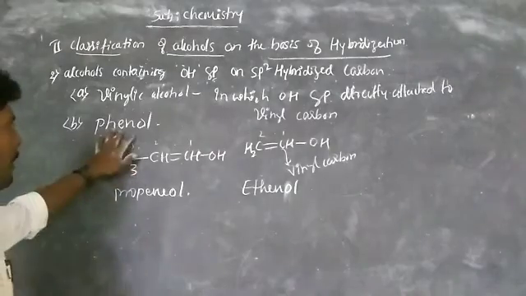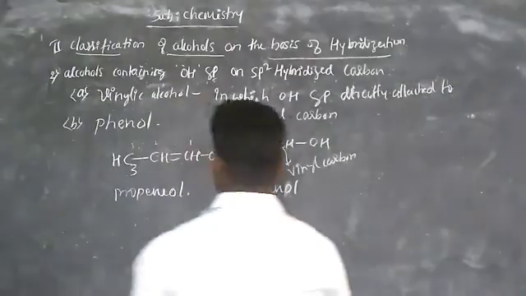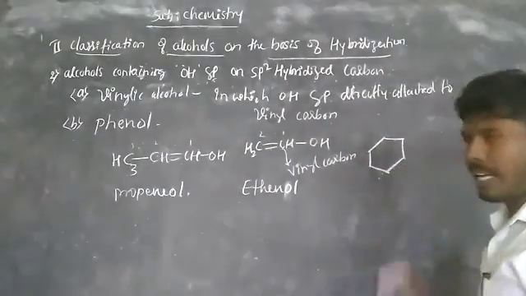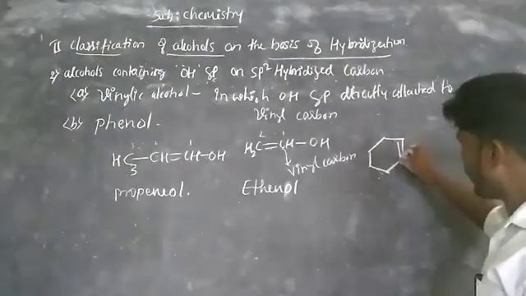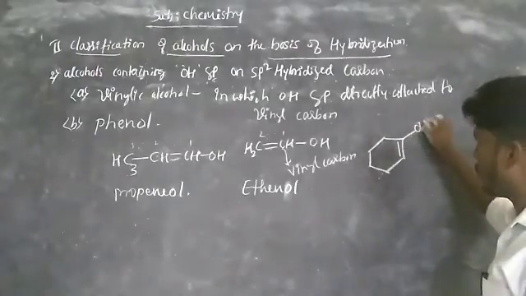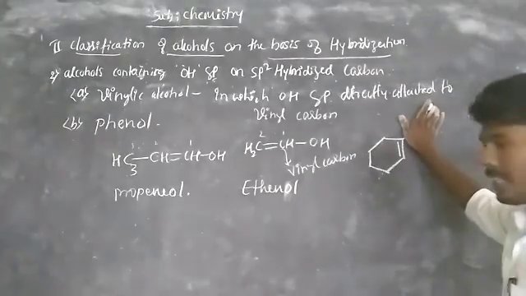Similarly for benzylic alcohol, or these are also containing some cyclohexanes. Example, see, this is cyclohexane. Here there is a double bond, we call it cyclohexene, and OH group.